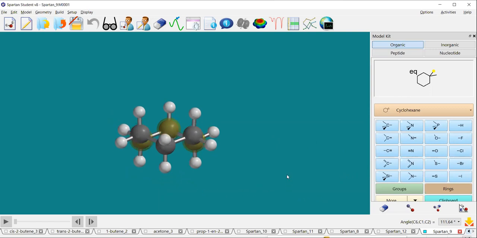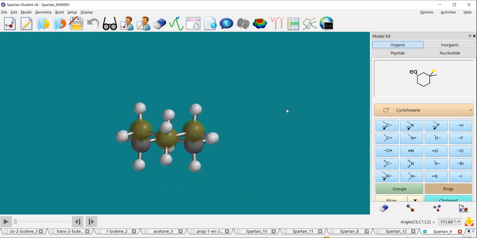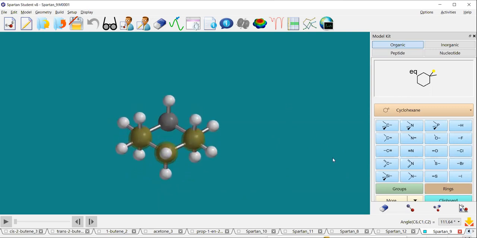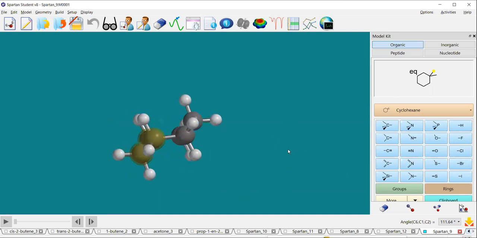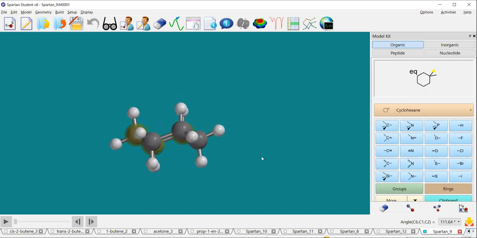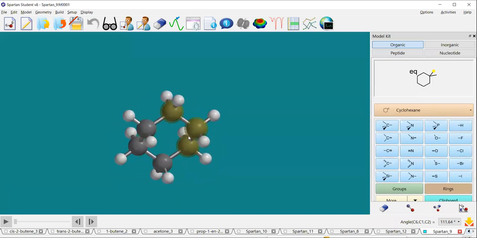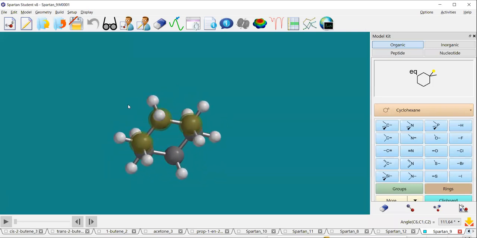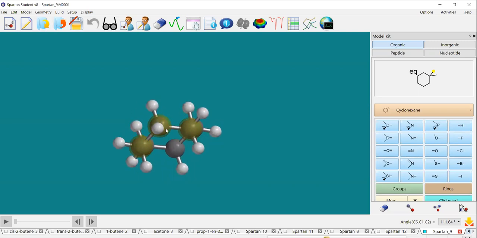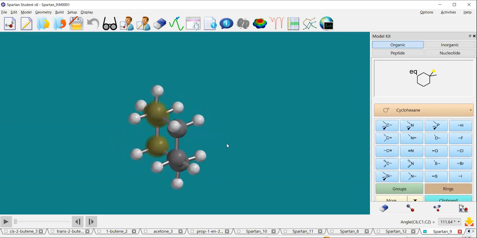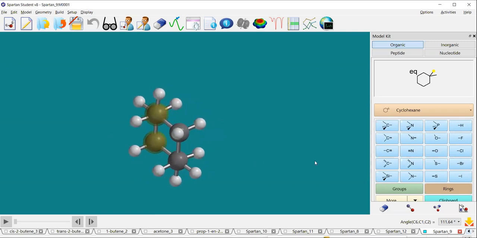This is my Newman projection from a different point of view. So you have to determine whether they are staggered or eclipsed.